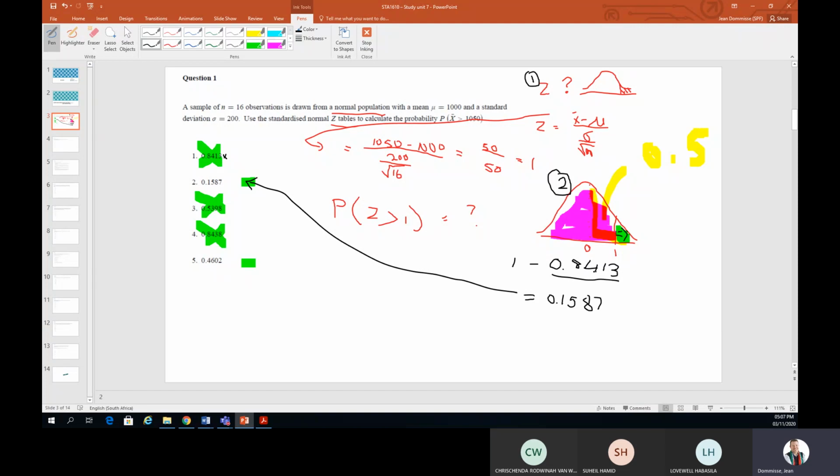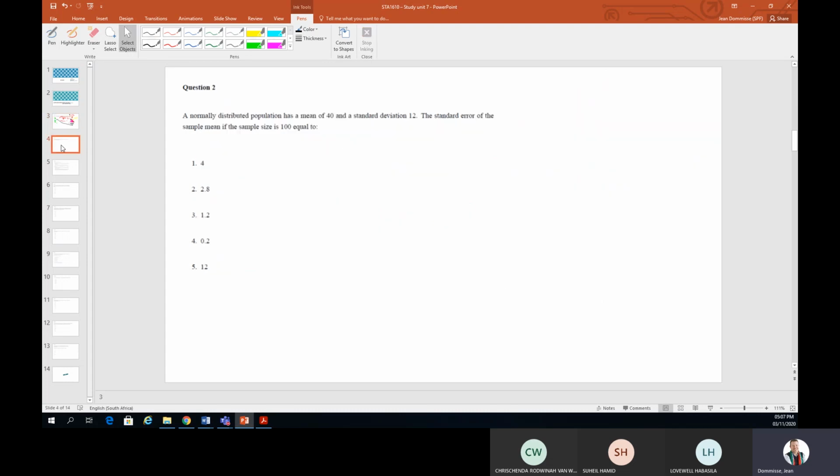So first step, get the Z. Second step, use that Z to find the probability. That will be the whole process every time for study unit 7: get a Z, go to the table, get the probability. I think the one difference is when the standard deviation is known or unknown. Okay, so let's go into the next one.